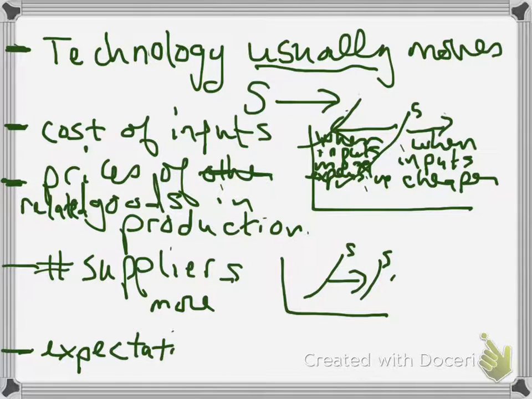Expectations. If GM says to themselves, we expect that the price of gasoline is going to be really expensive, and therefore the demand for our big monster suburban SUVs is going to be down next year, will that affect how many Suburbans they produce this year?